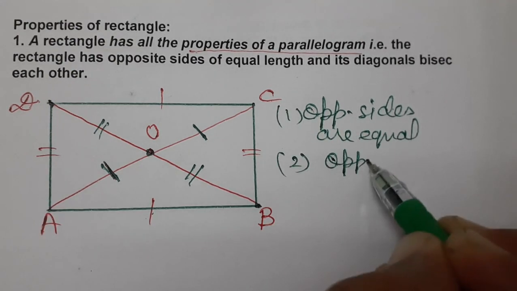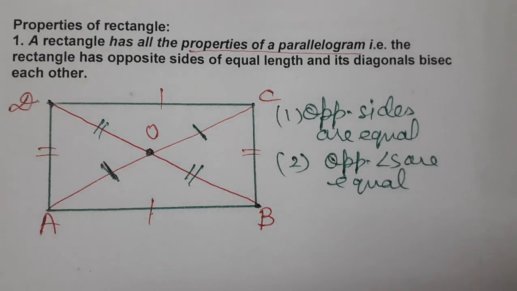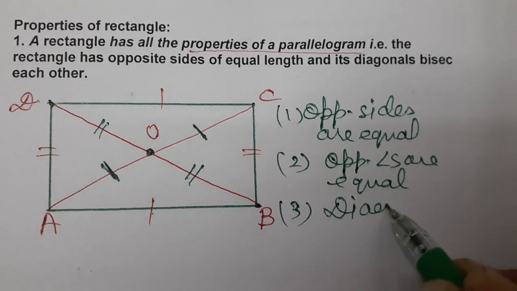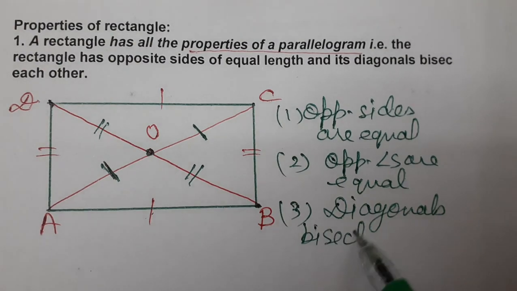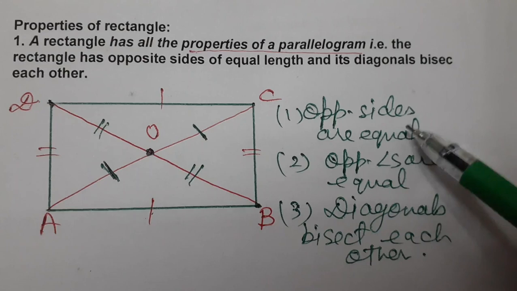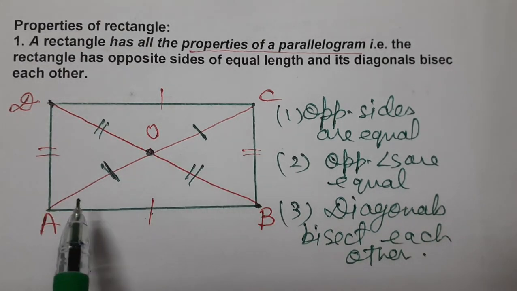Second, opposite angles are equal, but here all angles are 90, so opposite angles are also equal. Then diagonals bisect each other. So these are the properties of a parallelogram, also holding for a rectangle.